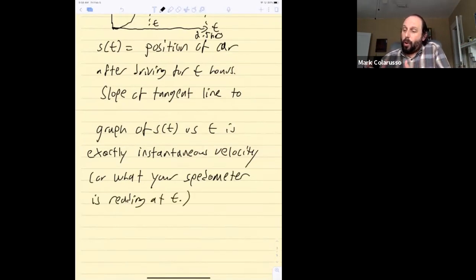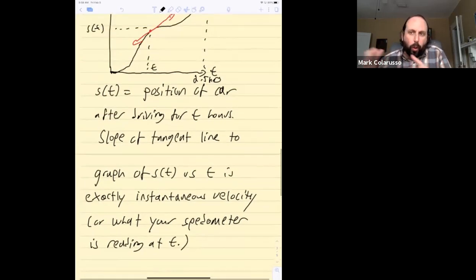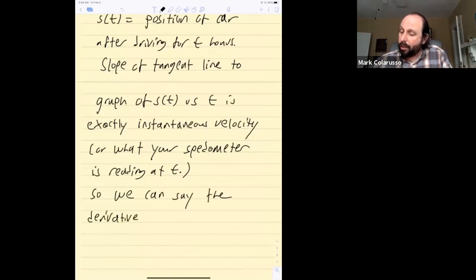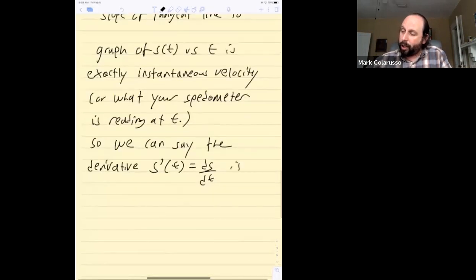Okay, now at the time we talked about this, we were just talking about slopes of lines. We didn't have the language of derivatives. We didn't know how to compute derivatives. But now we know all that, right? So now we can say that the derivative of the position function with respect to time is velocity. S prime of t, which is sometimes written as ds dt, is the velocity of the car.